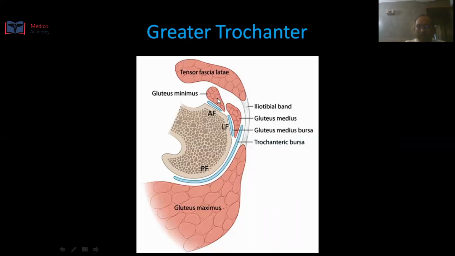Anteriorly, as I told you, the gluteus minimus gets attached. There can be a small bursal space here. Medius attaches to the lateral facet, where again there can be a bursal space. The tensor fasciae latae muscle and tendon go attached with the gluteus maximus, and between the maximus and the bone, there can be a bursal space.